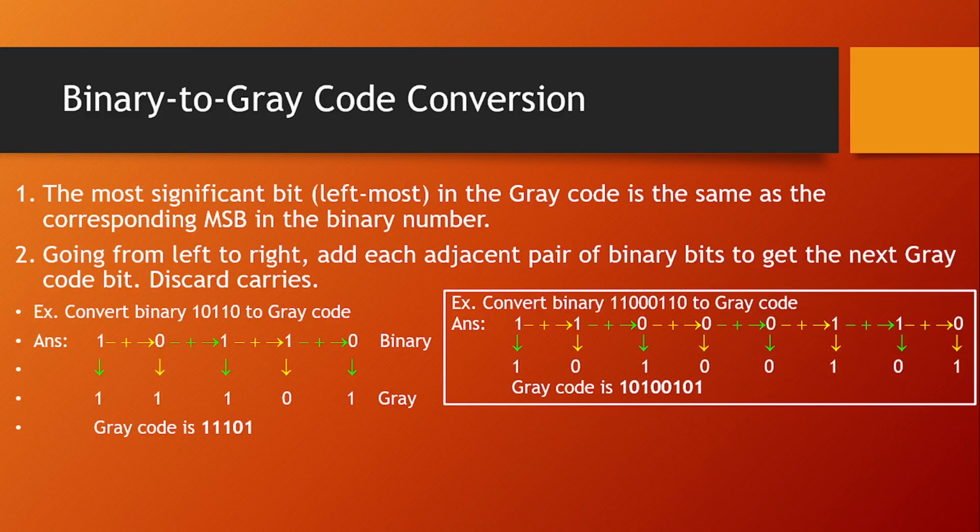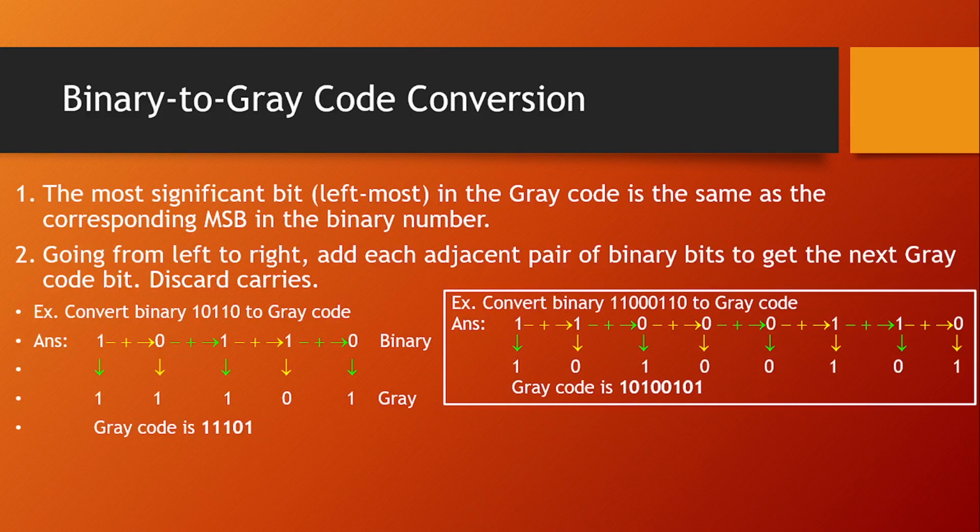Now the third binary bit is added to the fourth one, that is again 1. So 1 plus 1, sum is 0. So write down this 0 as the fourth gray bit. And here discard the carry, because 1 plus 1 is 10: 0 is sum, 1 is carry. Discard the carry and write down the sum bit as the gray bit.